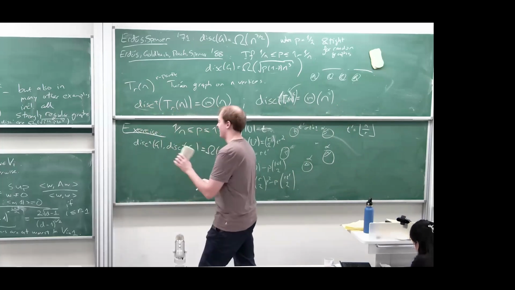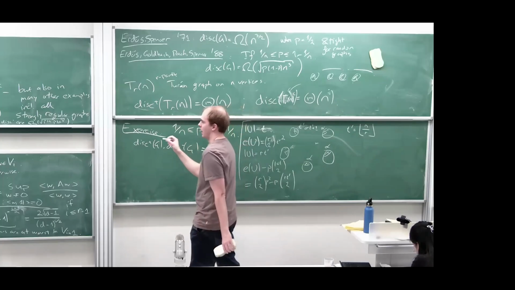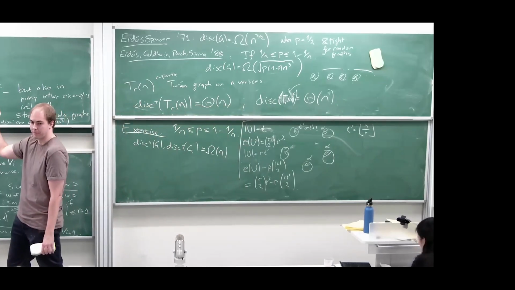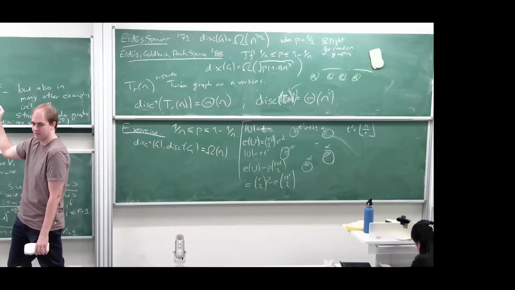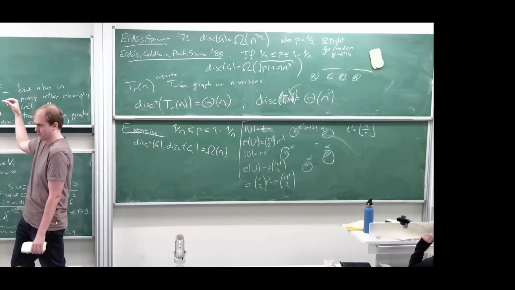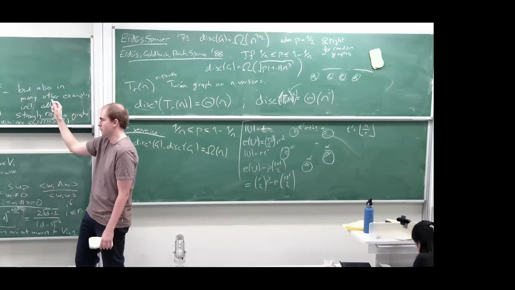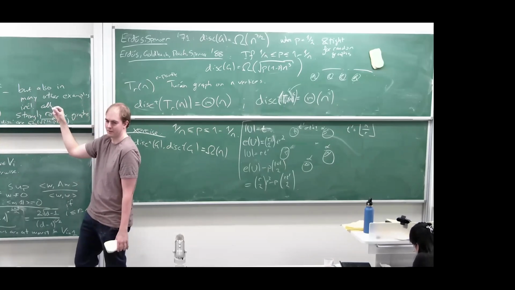And then finally, it's quite easy to see that the positive and negative discrepancies are upper bounded by p times 1 minus p times n squared. Let's assume that our density is almost half. We want to prove that it's bounded above by p times n squared.